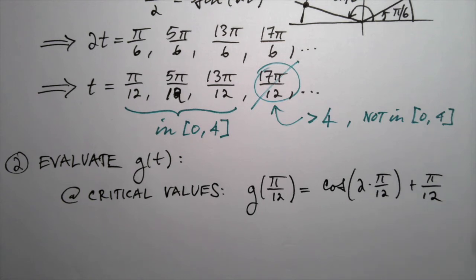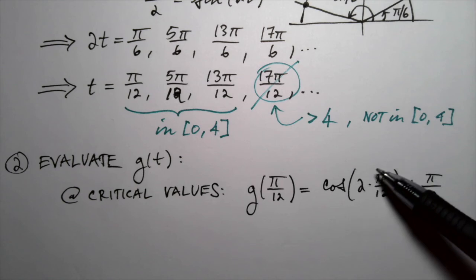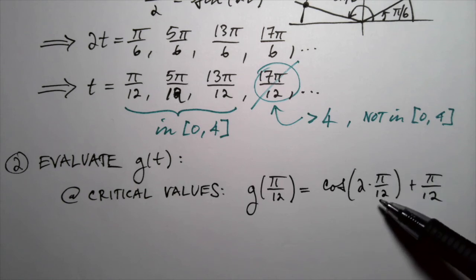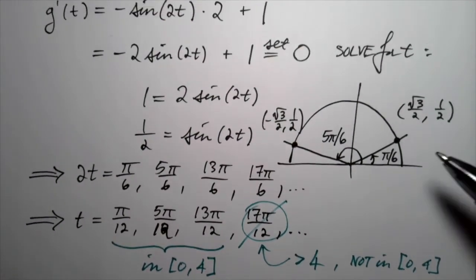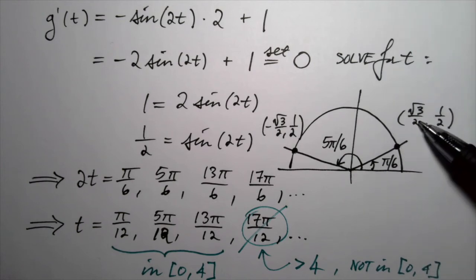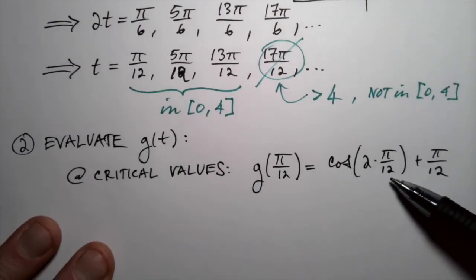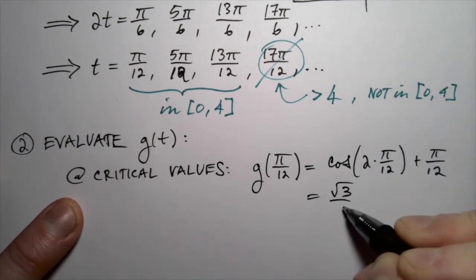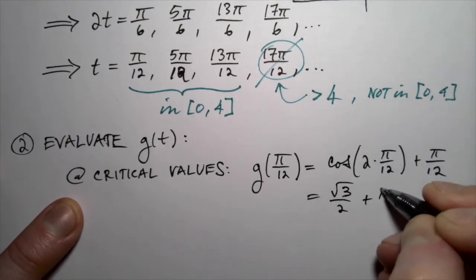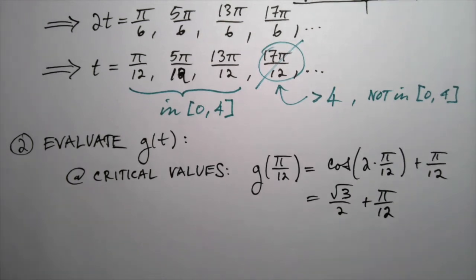It looks horrible, but it's not so bad, right? You can cancel out a factor of 2, so this is just π over 6. And we already talked about cosine of π over 6. Cosine of π over 6, this angle, that's the x-coordinate here, that's root 3 over 2. So the output that we get is root 3 over 2 plus π over 12.